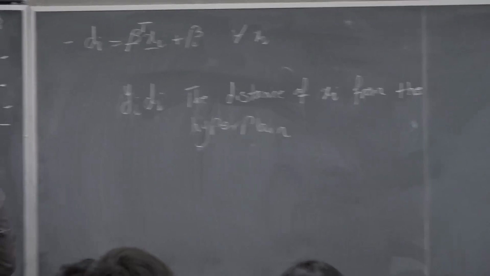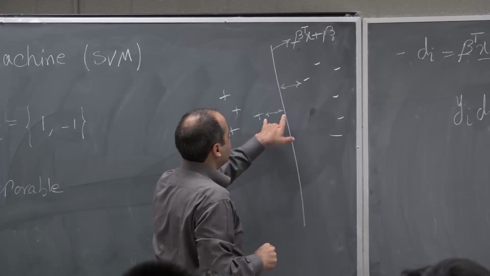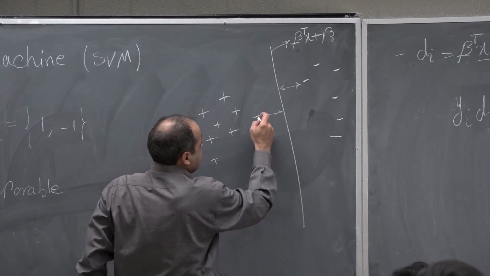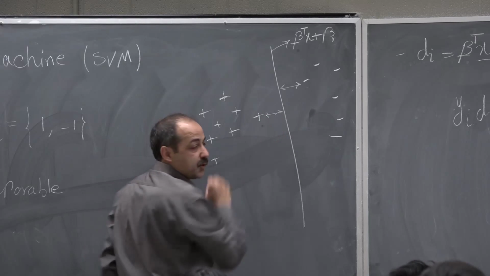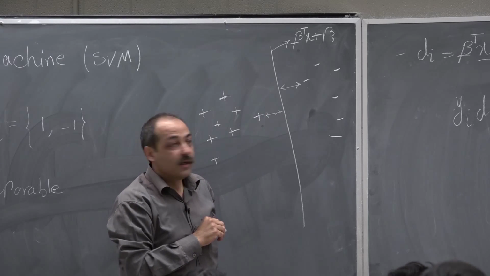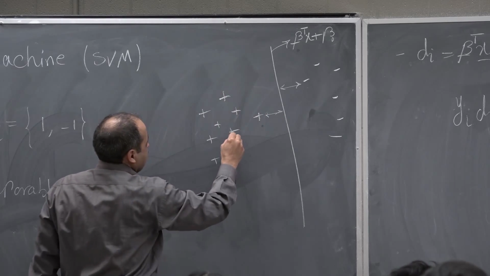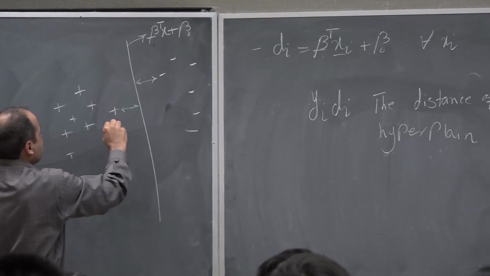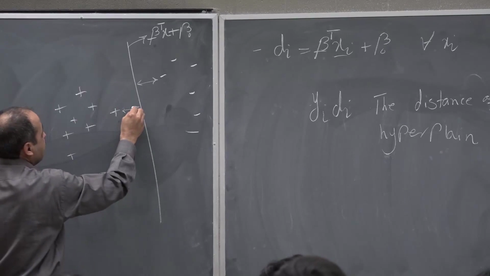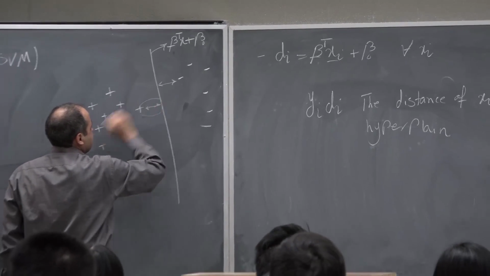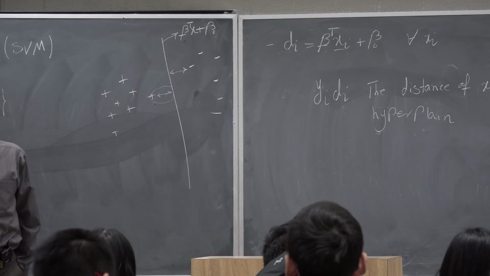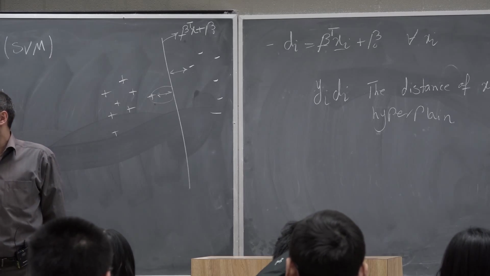Okay, so what would be the margin? The margin is the distance of the closest point, right? For any point, that would be the distance, yi times di. So among all of them, I'm interested in the distance of the closest point to the decision boundary, which I call the margin.